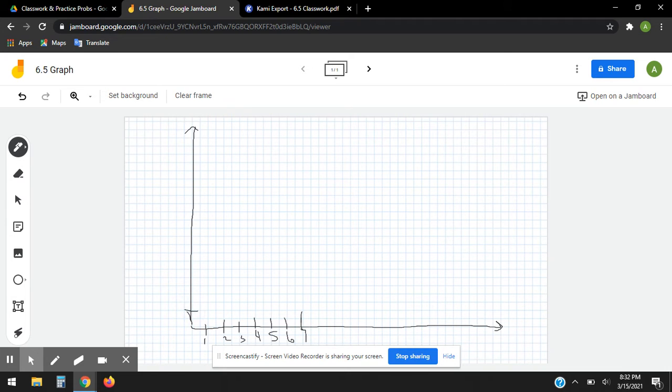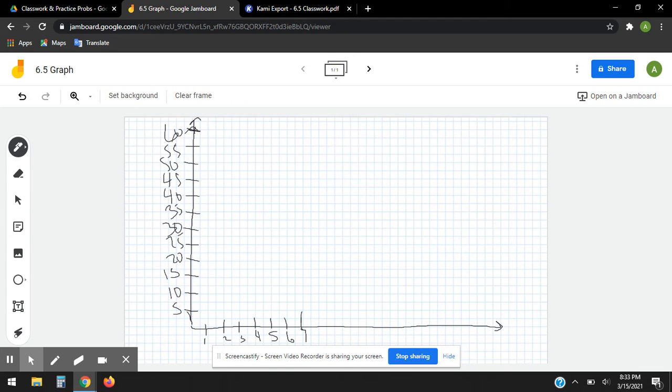And then 2, 3, 4, 5, 6, 7, 8, 9, 10, 11, 12. If I want to get up to say 60 or 70, I really need to count by 5. These can go by 5s. 5, 10, 15, 20, 25, 30, 35, 40, 45, 50, 55, 60.